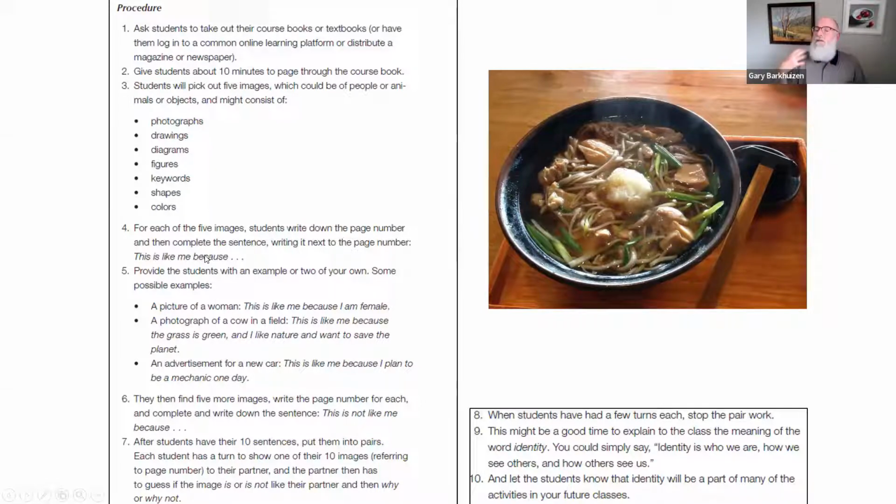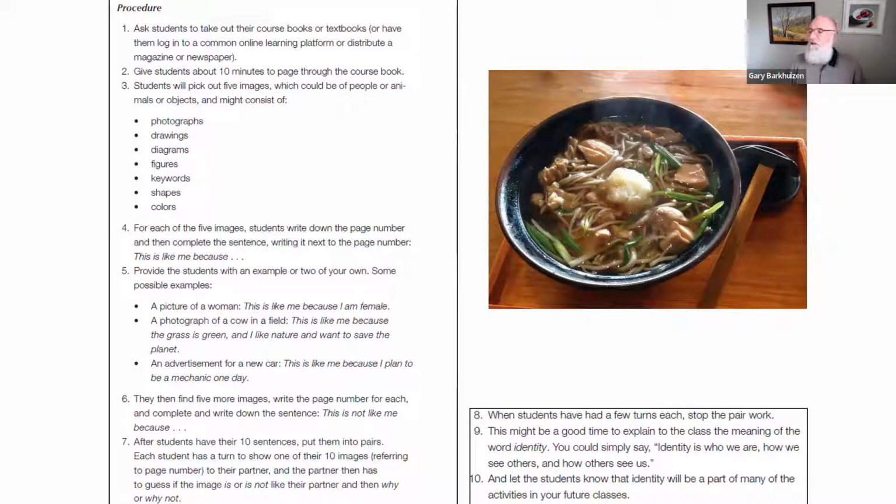And for each of the 5 images, the students write down the page number and then complete the sentence, writing it next to the page number. This is like me because, right? And you can see it's relating to the learner. It's reflexive identity. So it's what the learner thinks about him or herself.